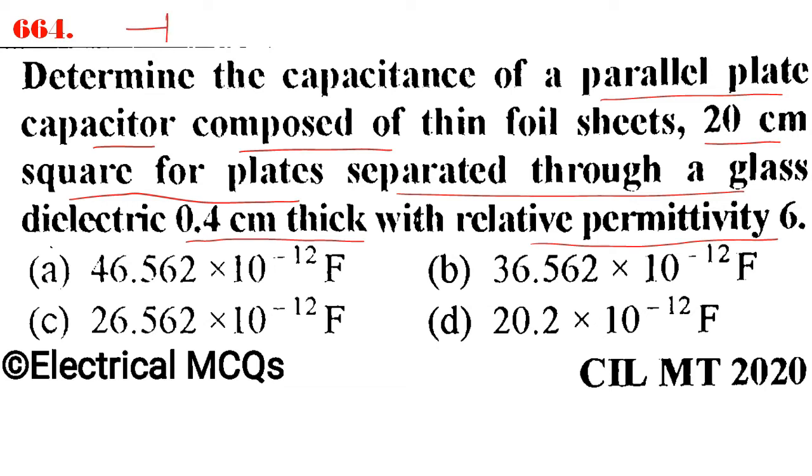For a parallel plate capacitor, the capacitance C is given by epsilon 0 into epsilon R into A by D. So what is A? A is the area of the plates, and D is the distance between the plates.